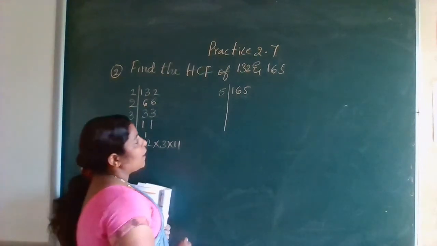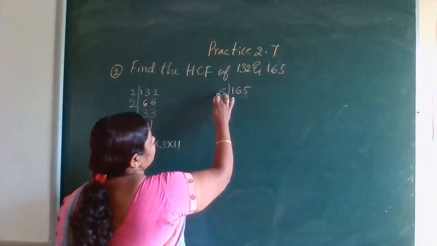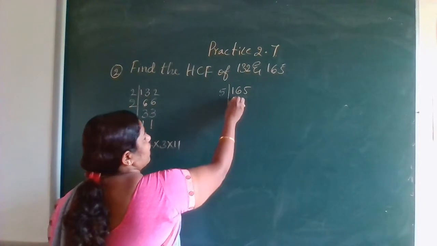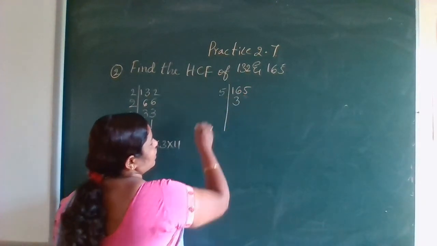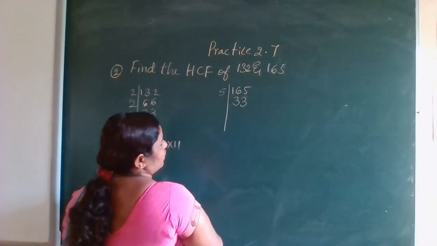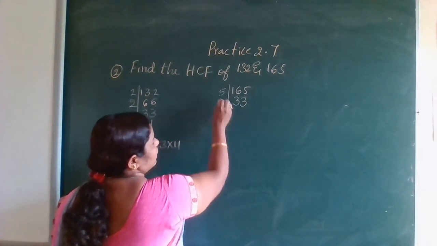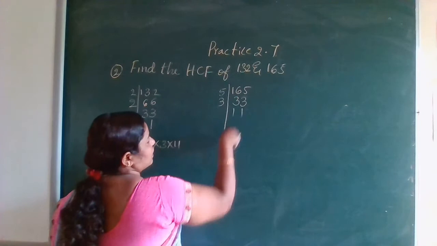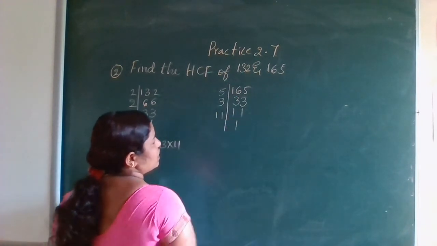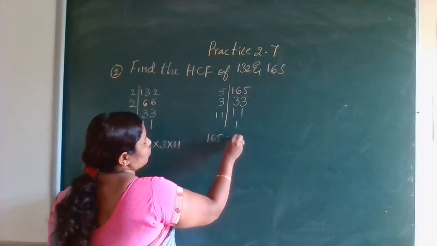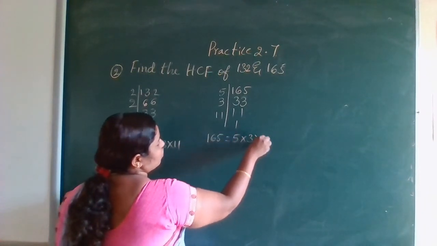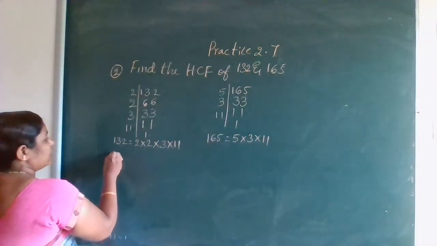Take 5. 5 3s are 15, 1 is remaining, so again it will become 15. Now take 3. 3 1s are 3. 11 1s are 11. The factors of 165 is equal to 5 into 3 into 11. This you write here.